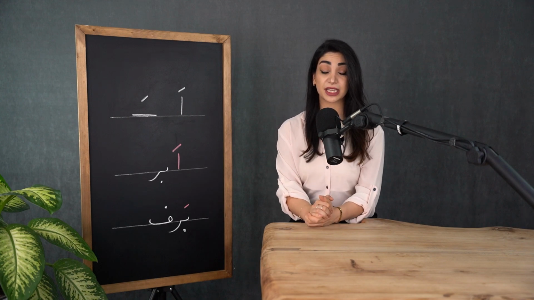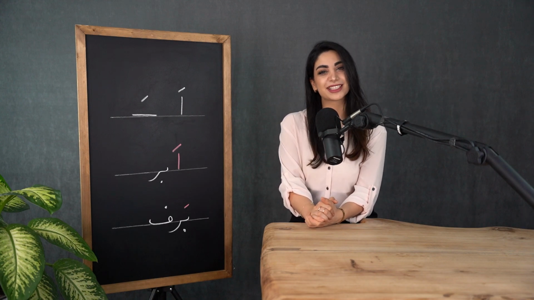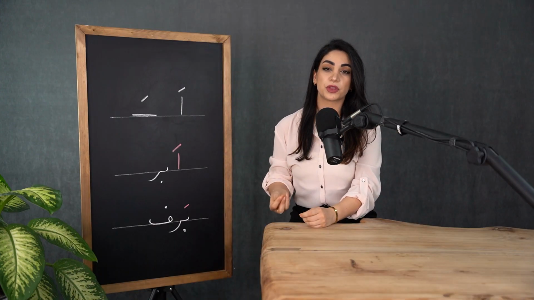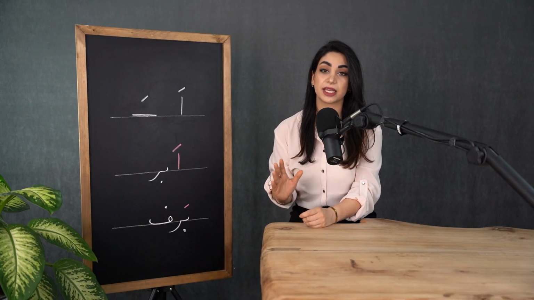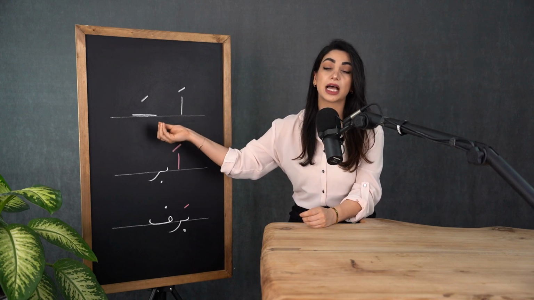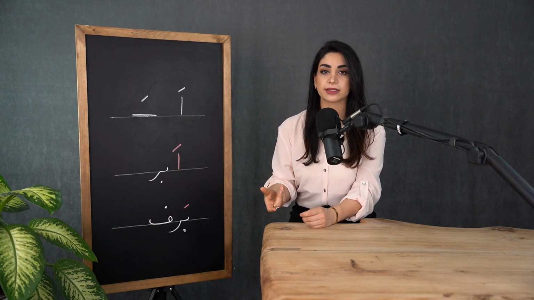Let's go to the next part and see what practices we have for next session. Pay attention to this word, that this one always comes at the beginning. We don't have capital A or lowercase a.